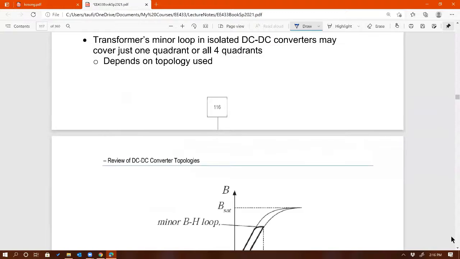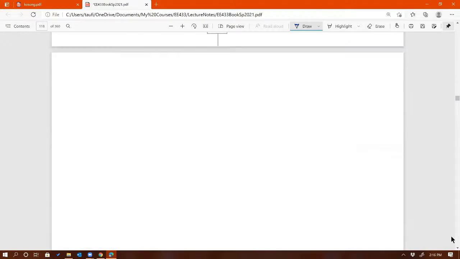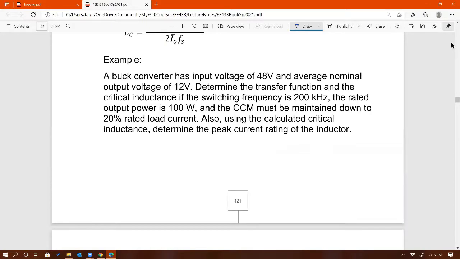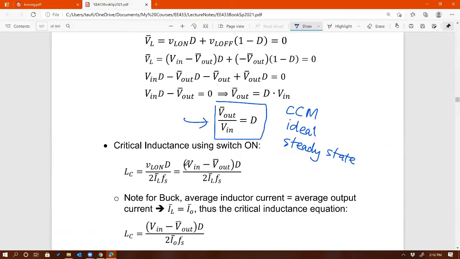Okay. So let's go back to here. So the critical inductance, you can find a value by using on time or off time. If it's on time, then you use VL on times duty cycle divided by 2 times IL average times FS.